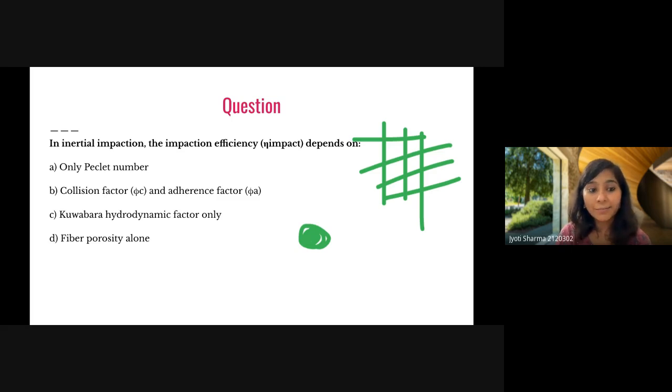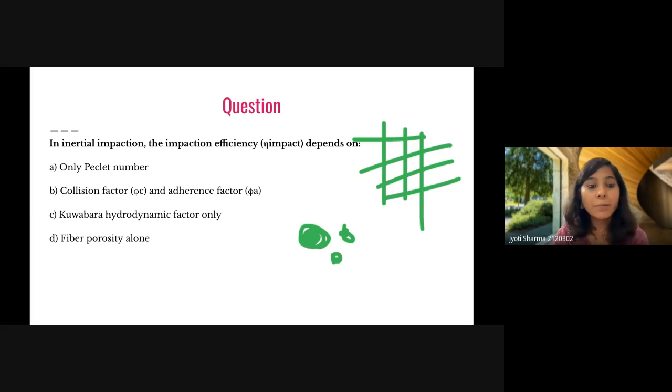We have three mechanisms here. The first thing is we have these particles, and so there may be diffusion, and then inertial impact, and we will talk about one more, interception.